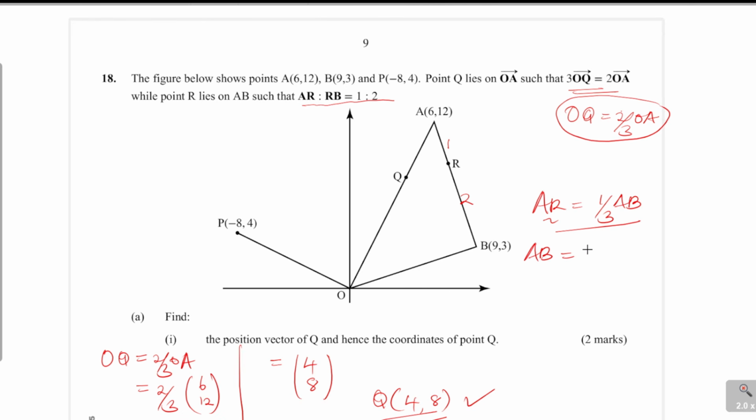AB will be given by OB minus OA. We already have OB, which is (9, 3), then OA is (6, 12). So this will give 9 subtract 6, which is 3, and 3 subtract 12, which is -9.